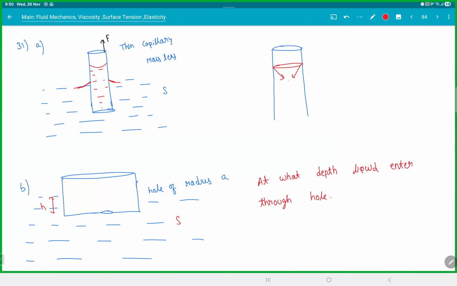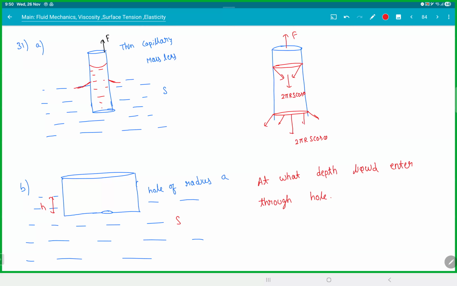Newton's third law. This force will be 2 pi r S cos theta. Similarly, there is a surface which is also outside, which is also pulling it down this way. That is also 2 pi r S cos theta. So in order to balance this, are you getting it? There are two meniscuses, one outside, one inside.